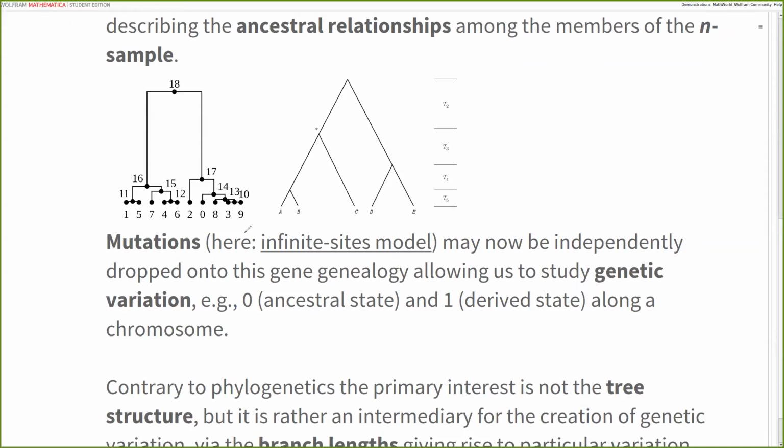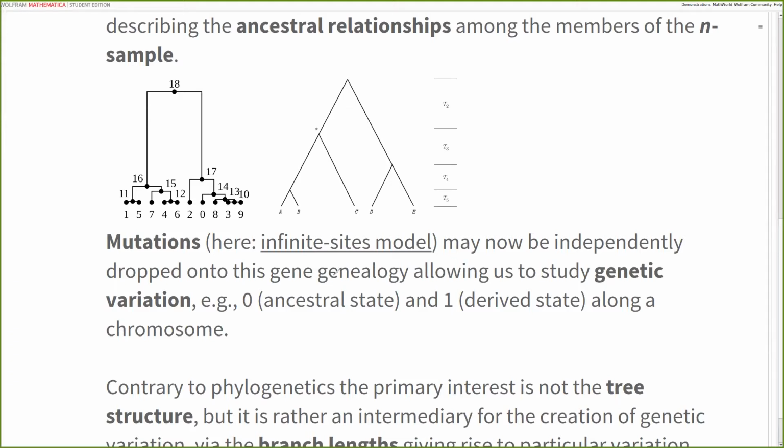In this presentation, I'll only consider the infinite sites model, and the mutations are therefore independent. If a genealogy represents a single site or SNP, then clearly just a single mutation can be placed on such a tree structure. We will here consider ancestral states, therefore 0, and derived states 1. I'm showing here example coalescence trees with 10 samples on the left-hand side and 5 samples on the right-hand side.